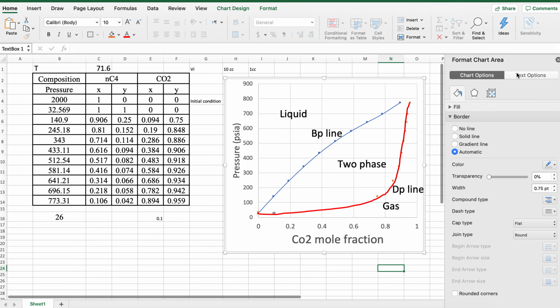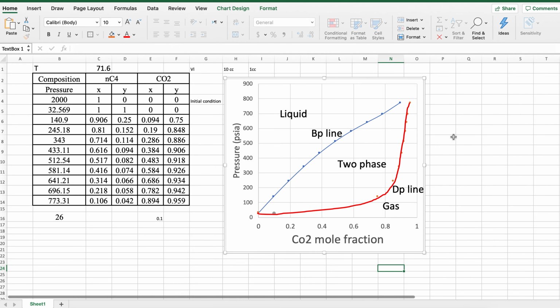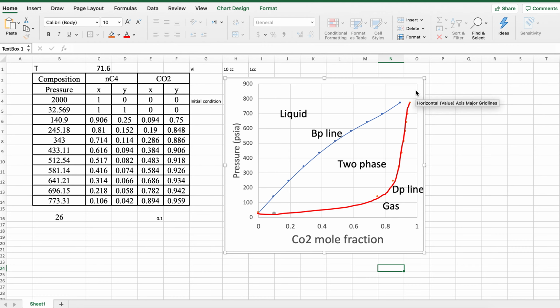So one extra thing that you need to do is to find the critical pressure, the bubble point and dew point pressure of the pure CO2 at temperature T1. This is what we have done in our first lab, okay? So in first lab, we have a mixture of 100% CO2 at the temperature of 71.6 degrees. So you found what is the bubble point and dew point pressure of the pure CO2 at that temperature.